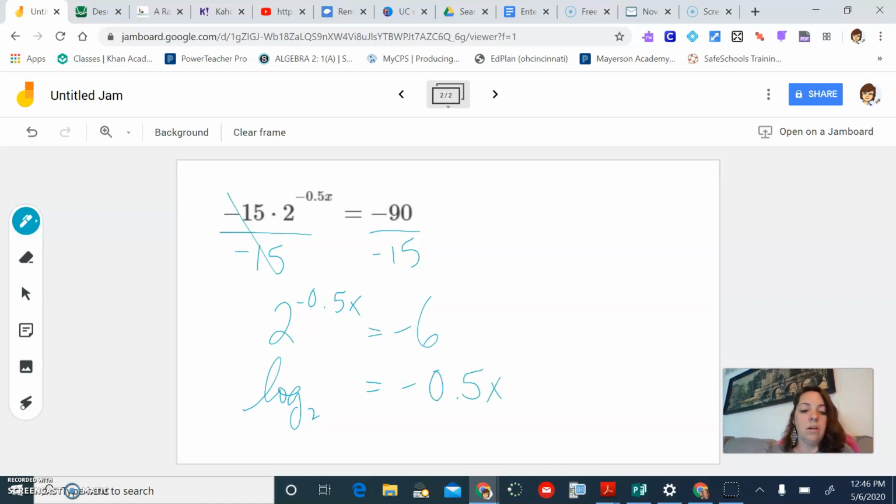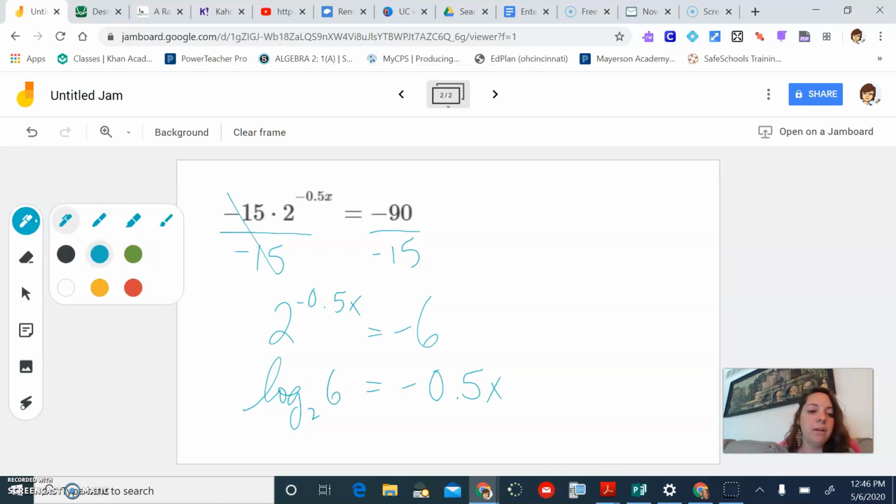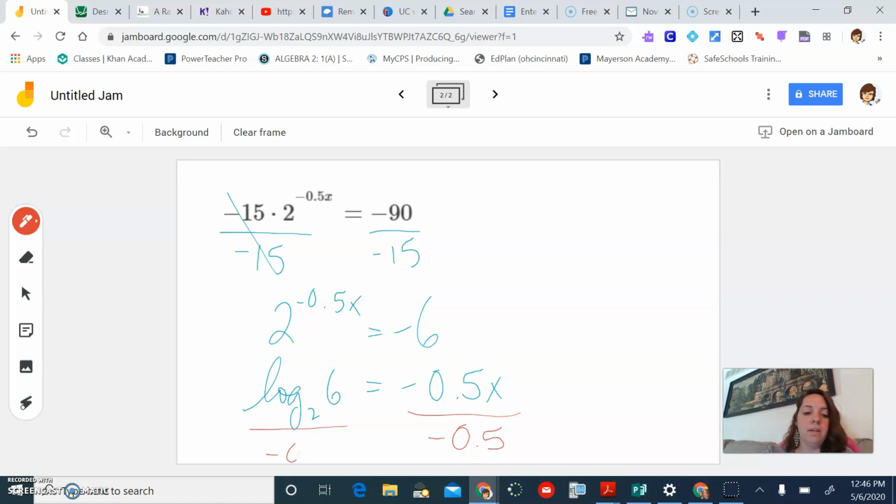And we have to take the log of the argument, which is over on the right side. Now to get rid of that 0.5 that's right next to that x, we have to divide both sides by negative 0.5. Okay, so those go away. So I have x equals all of this.